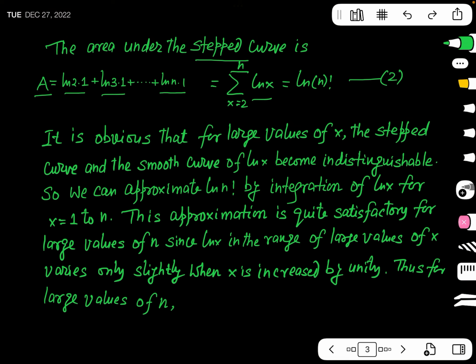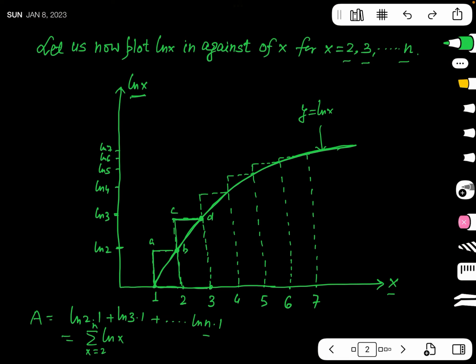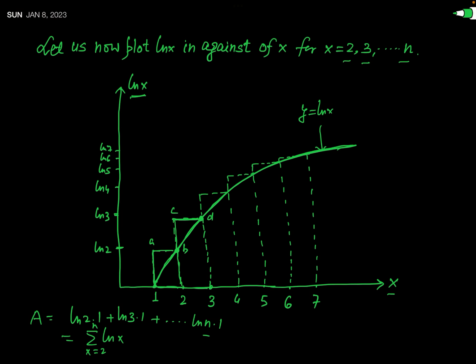Okay, now you can see when we consider the large values of x, here this is the full line curve, which represents log x, and the stepped curve.